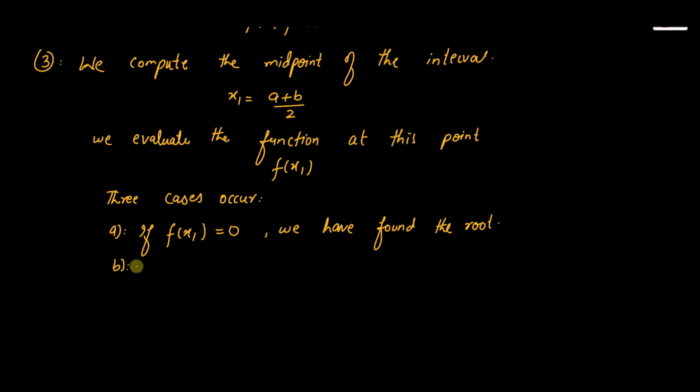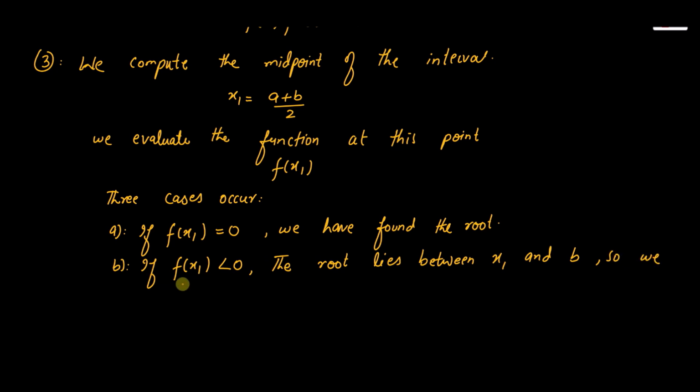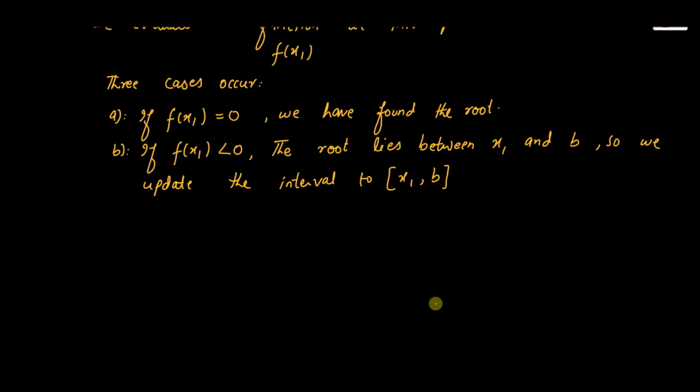In the second case, if f of x1 is less than 0, it means that the root lies between x1 and b. So we update the interval AB to x1, b. That is our updated interval.